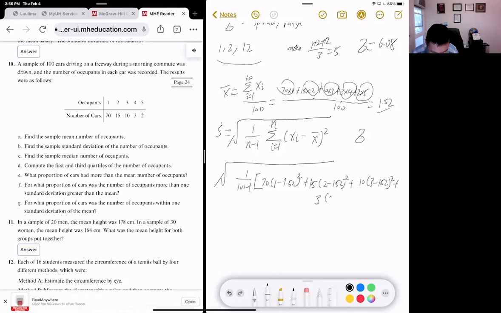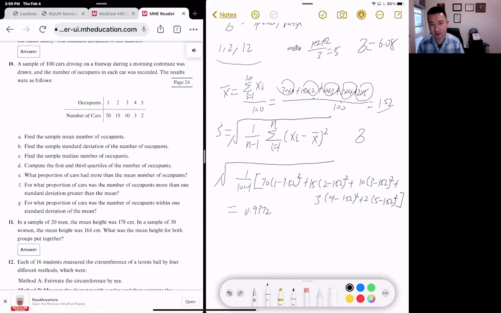3 cars. After calculation it is 2.9372. In the exams, you do not need to do this manually.